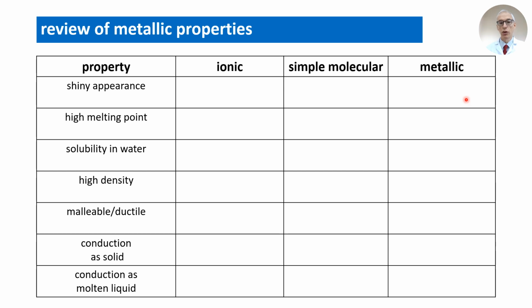Come back to compare your answers with mine when you are ready. Of course, there will be exceptions to the general description of typical properties of metals, simple molecular and ionic. Keep to the typical rather than the exceptions.